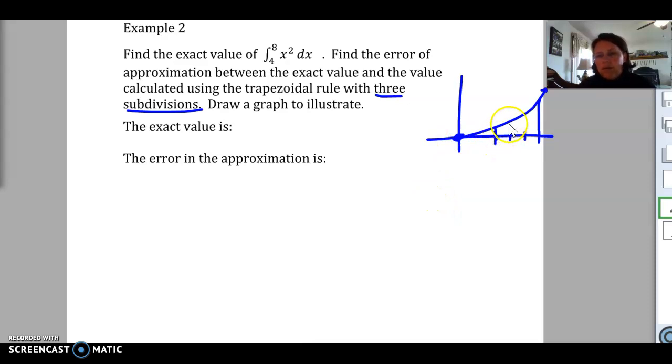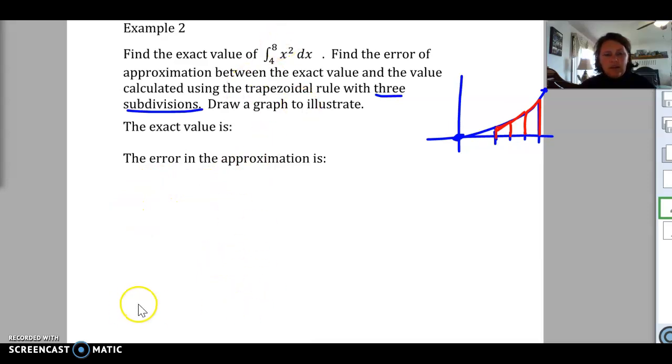And then we're using the trapezoidal rule, so our trapezoids will look like this. Okay, so now let's go ahead and get started.